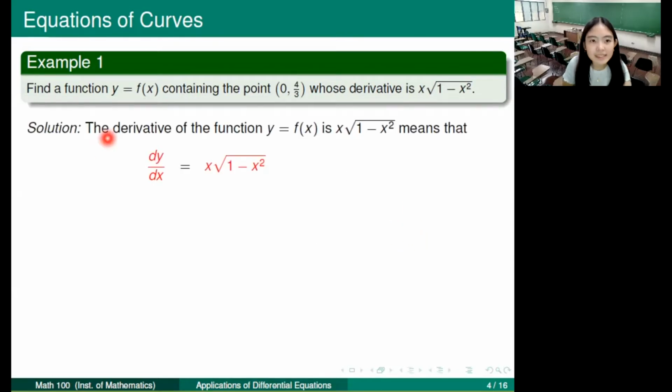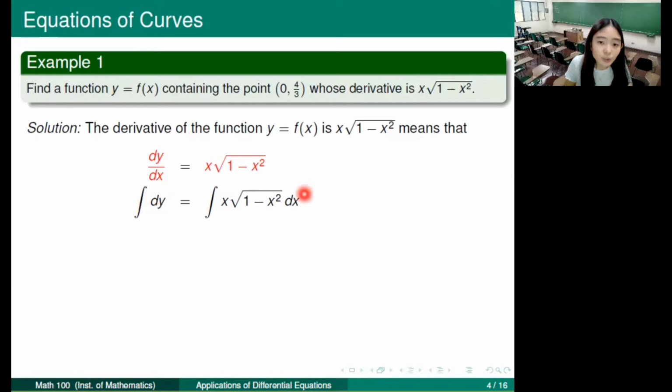So as I said, pag sinabing derivative of the function is this expression, rewriting it mathematically, ganito lamang siya. This is a DE. And mula sa ating previous lecture, to solve for this DE, we first separate the variables, and then afterwards, integrate both sides. And so we have this. Ginawa na yung first two steps agad. Now, we just integrate each side of our equation here.